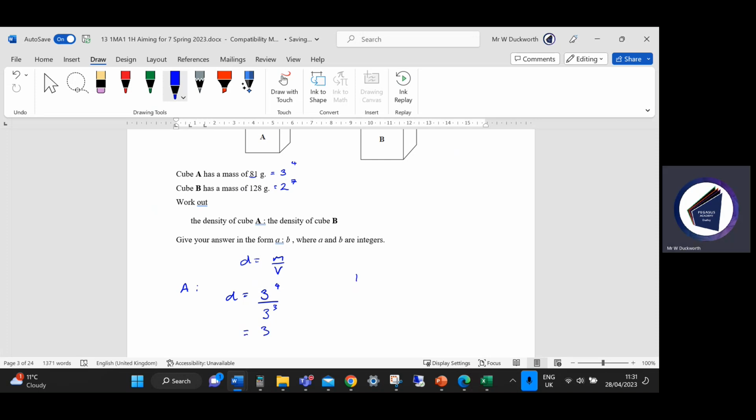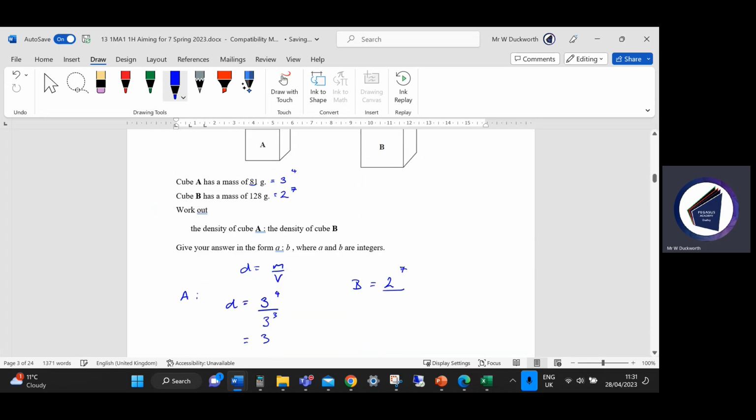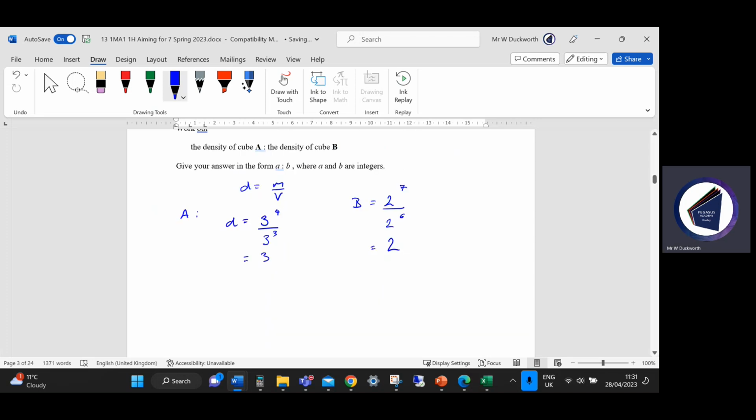And then the density of cuboid B is going to be equal to the mass, which I've just shortcutted to 2 to the power 7, divided by 2 squared cubed, which is going to be 2 to the power 6. So that's actually going to be just 2. So the ratio of A to B, giving an answer in the form where A and B are integers, we're looking at just 3 to 2.